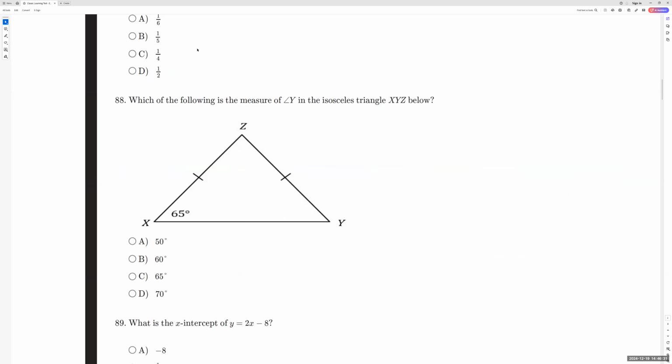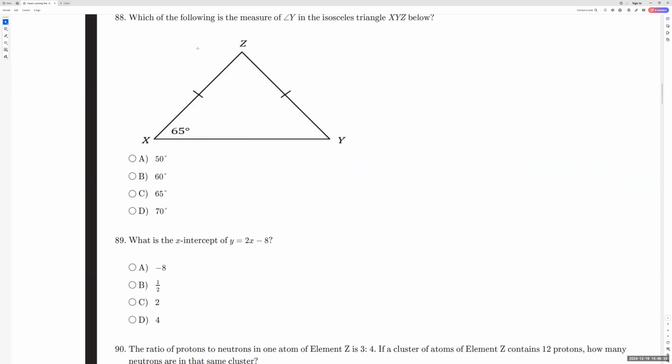Okay, now the triangle question. Question number 88 is asking for the value of angle Y. How would I know? I know that 3 angles add up to 180, but the key is on this line. This line means that that is the same length as this line.